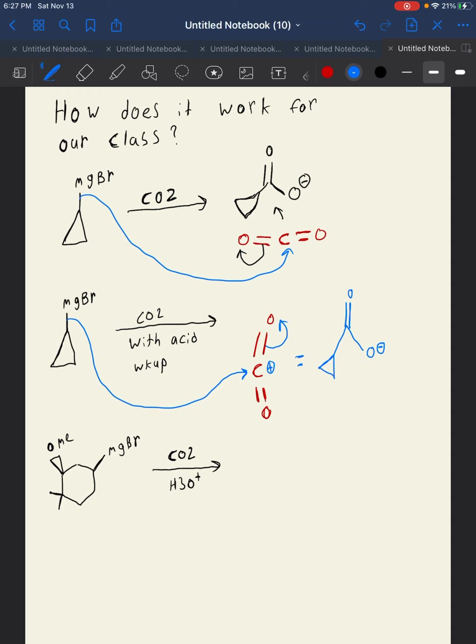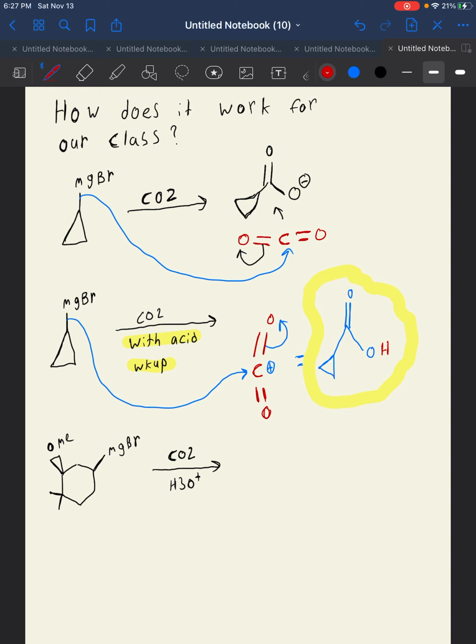Now then, if it is then present with acid workup, H3O plus or H plus, we can then tack on a hydrogen to our negatively charged oxygen, giving us this product for CO2 with acid workup. But I hope you see how that works. Not too hard to grasp this.